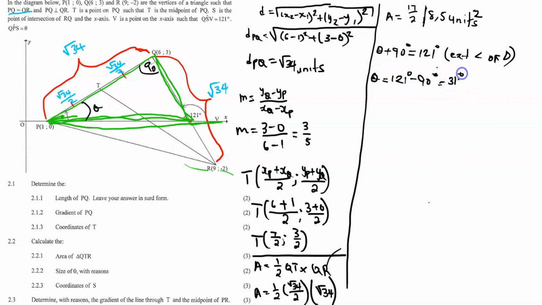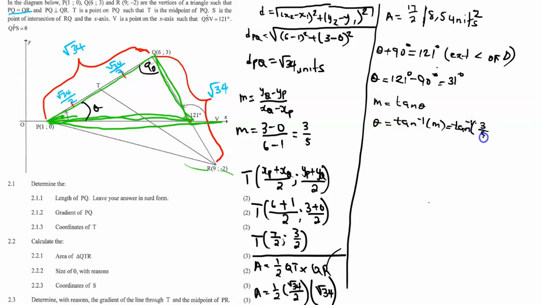And then also you can calculate this using the gradient of PQ, since you already know the gradient of PQ here, that it's 3 over 5, and we also know that m is equal to tan theta. That means theta is going to be what? Now let's just substitute the value of m there and see which angle we get.